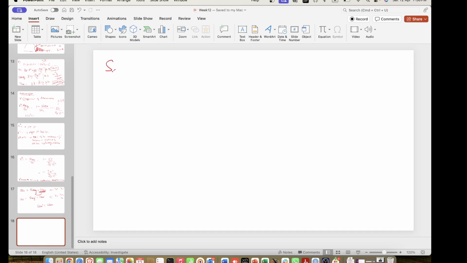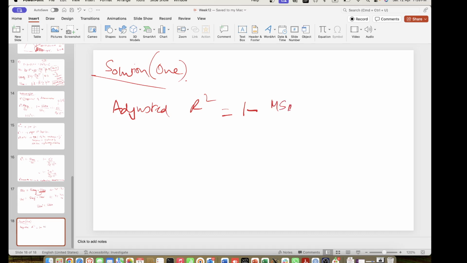So the solution is to use a separate metric. I wouldn't say the solution; one solution would be to use adjusted R square, which is, instead of considering SS regression by SS residuals, we consider MS: 1 minus MS due to residuals by MS total.